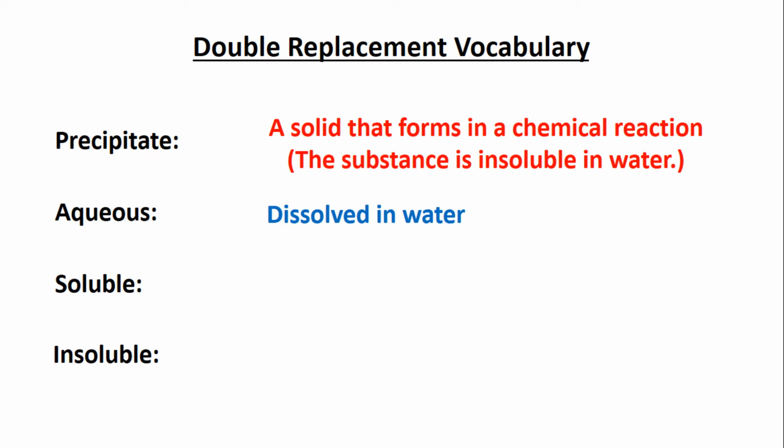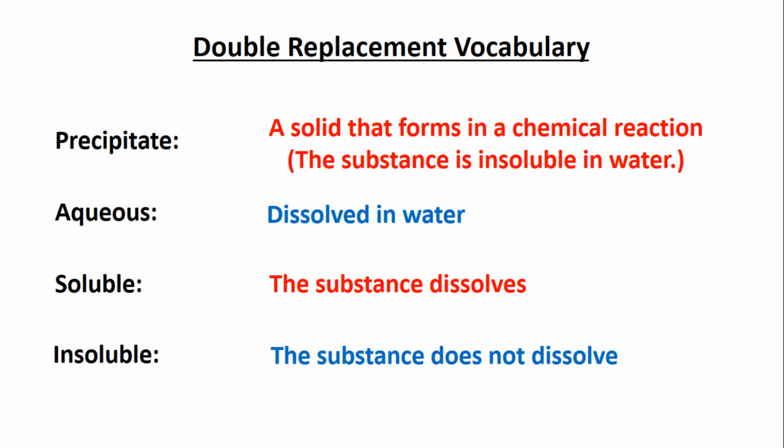The next 2 words will be important because I'll refer to them when I show you a version of a solubility chart. The word soluble means simply that the substance dissolves. The word insoluble means the substance does not dissolve. Of course, when I show you the chart in just a moment, I'm referring to whether the substance dissolves or does not dissolve in water.